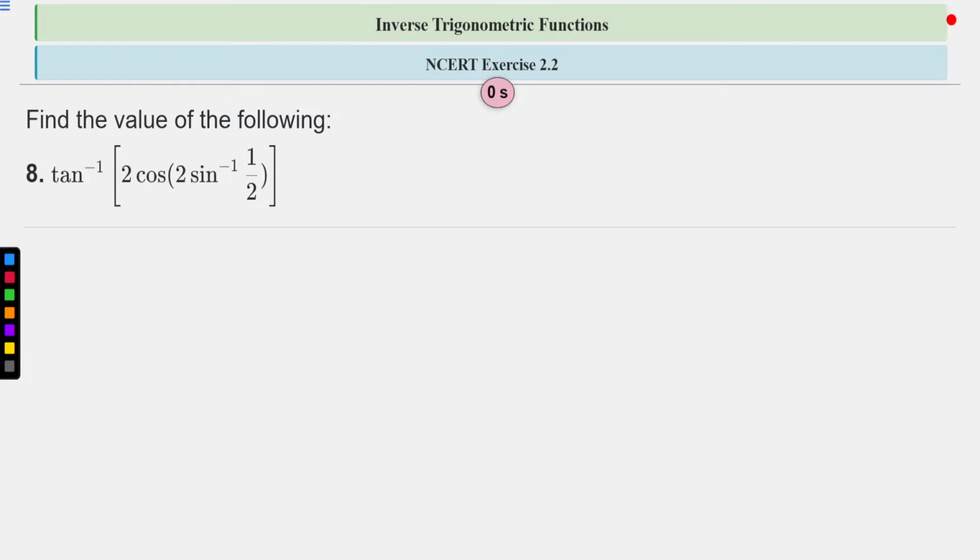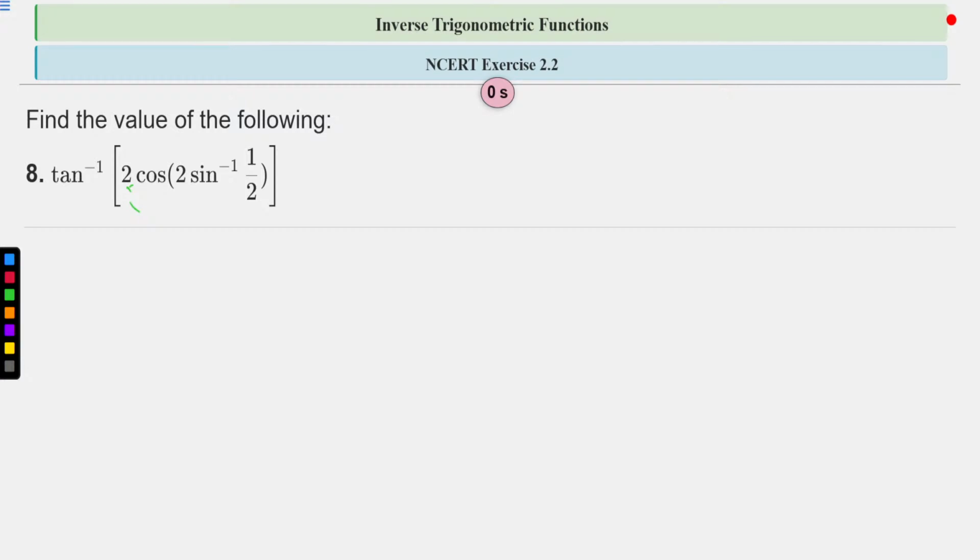Okay. So first, see what can we do. First, we can write 2 sin inverse 1 by 2 in terms of cos θ, therefore we can write cos of cos inverse something. After that, there will be some expression, 2 times something, and we'll try to convert this expression in terms of tan θ, right?